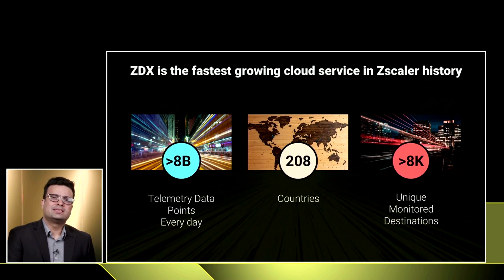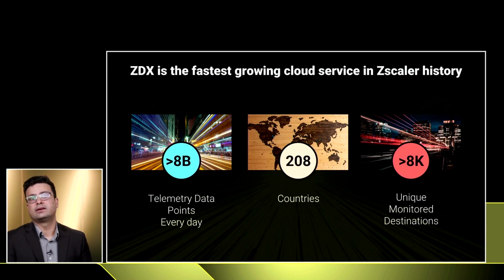Since its introduction less than a year ago, ZDX has become the fastest growing cloud service within our Zscaler portfolio. Today, we are collecting and analyzing more than 8 billion telemetry data points across the globe, which means we can build actionable intelligence by feeding this performance data to our machine learning engine. We are measuring digital experience of organization and employees from 208 countries across the globe, which helps us baseline data for every country and city across the globe.